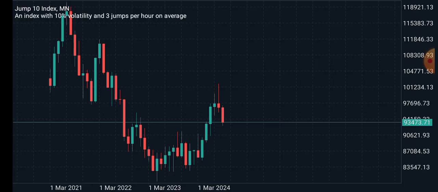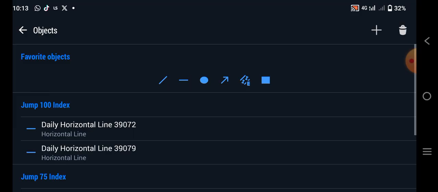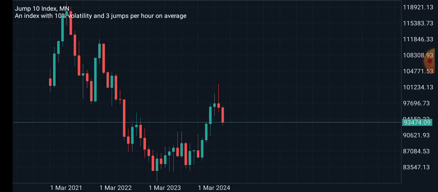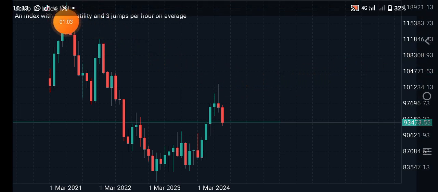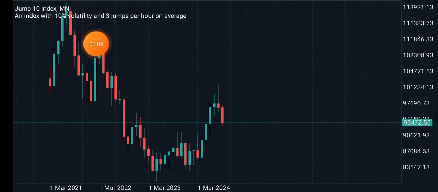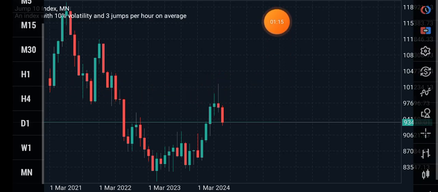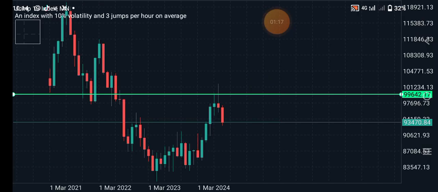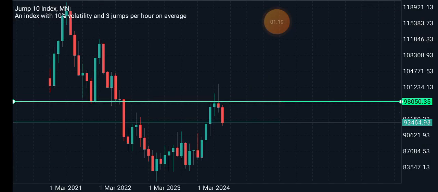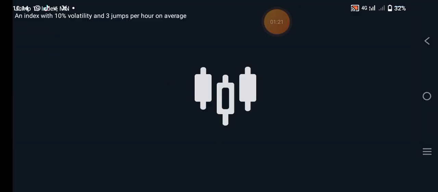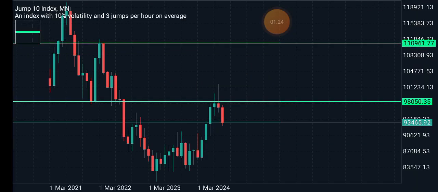If we look at this on a monthly time frame, we'll see that the price has been giving us a lower high and a lower low. We have a lower high here, a lower low, a lower high, a lower low. We have come back again to retest this broken lower low here. If I were to make a zone out of it, I'll draw it this way, make this zone, and then also make this one.